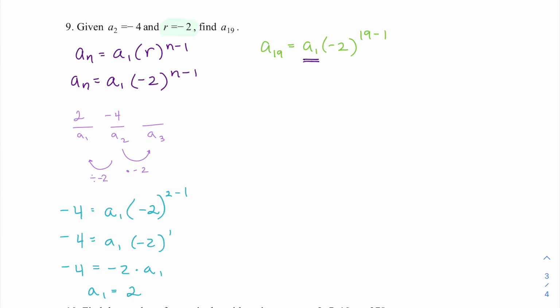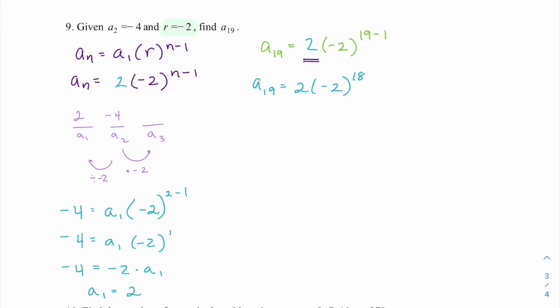So now that we have A1 and r, we've got ourselves the explicit formula. I can plug in A1 here, and now I can calculate my 19th term. 2 times (-2) to the 18th. Make sure you use parentheses when you type this into your calculator: (-2), close parentheses, to the 18th.